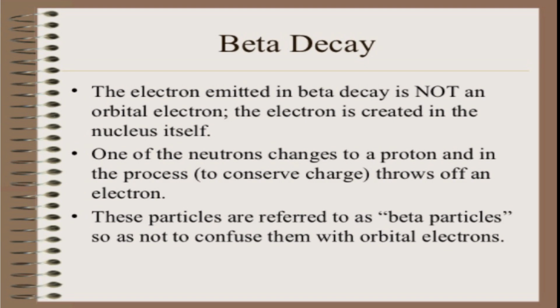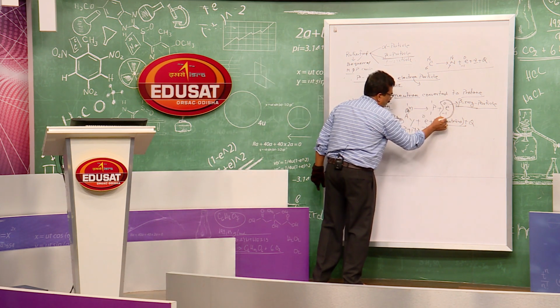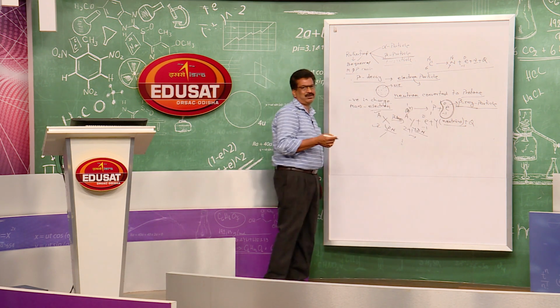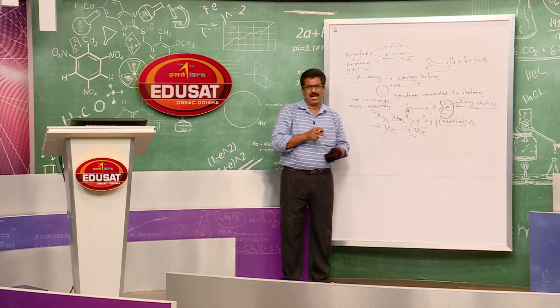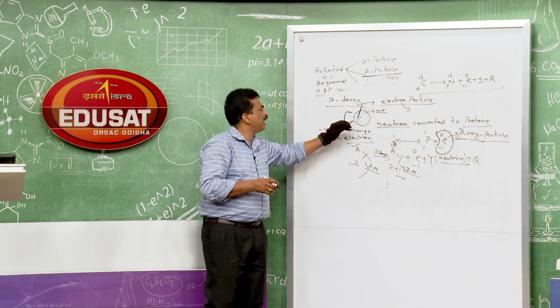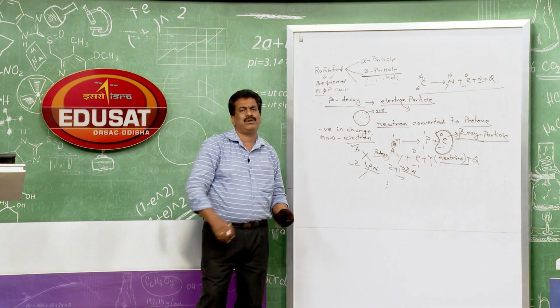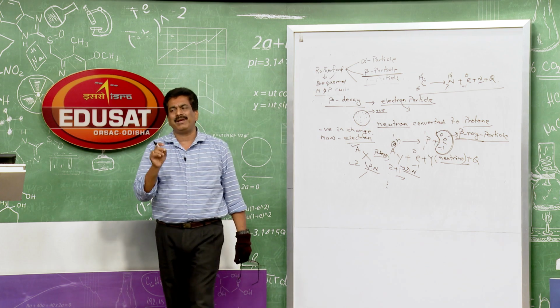These particles we refer to as beta particles, so as not to be confused with the orbital electron. This is the most important one. The electron which is developed here is not the orbital electron, because this only happens inside the nucleus, and that particular negative electron which is created inside the nucleus has been given a specific name, the beta particle.